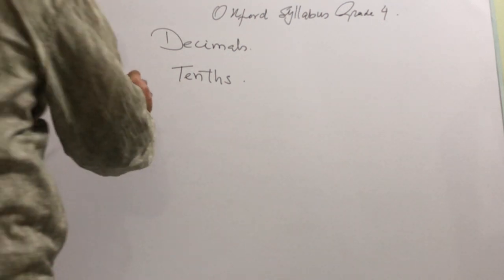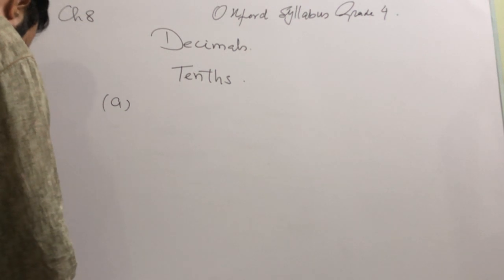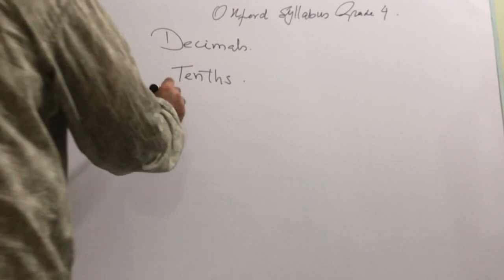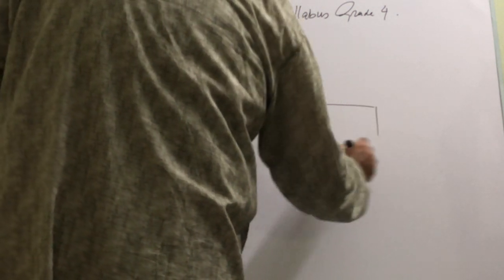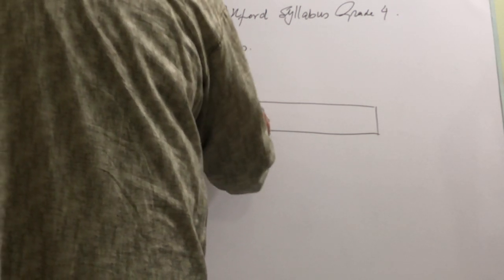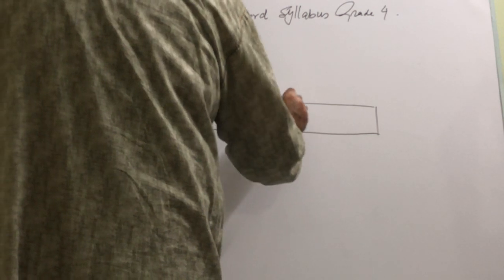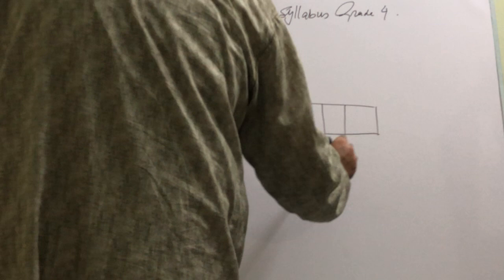Okay, so if we look at part A, we have 1 2 3 4 5 6 7 8 9 10. There are 10 squares like this. 1 2 3 4 5 6 7, 8, 9 and 10.